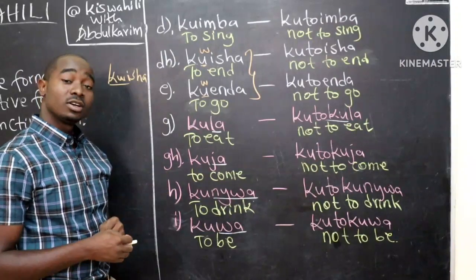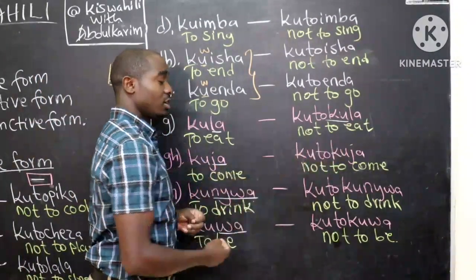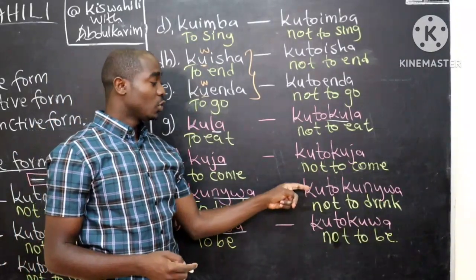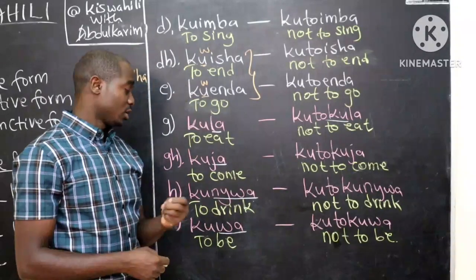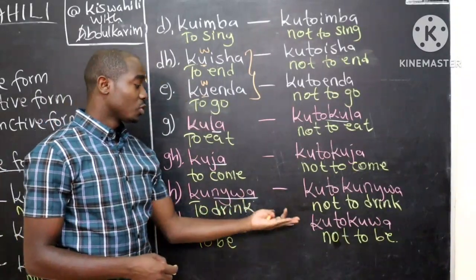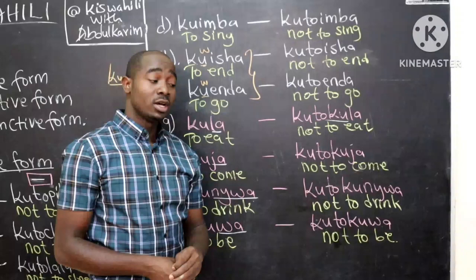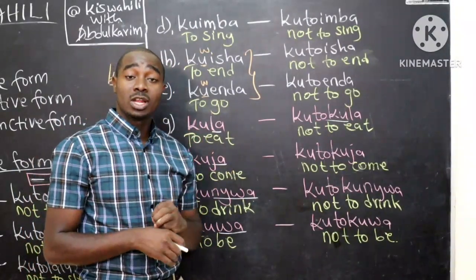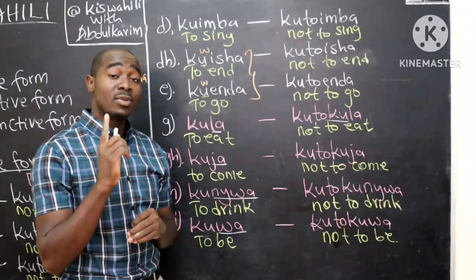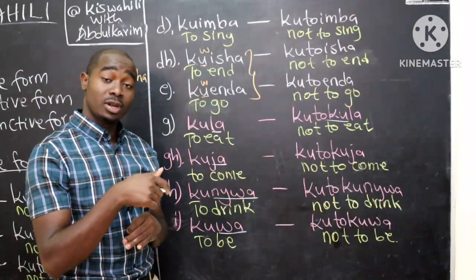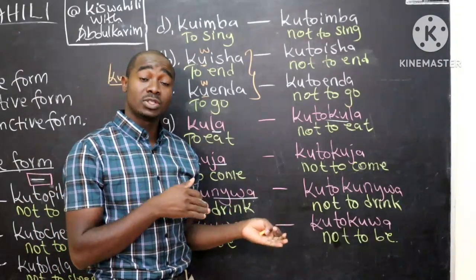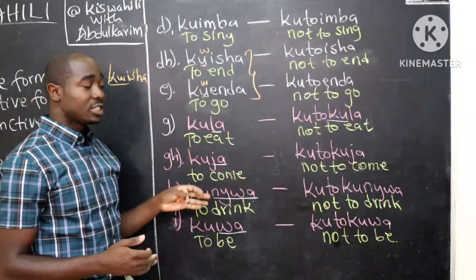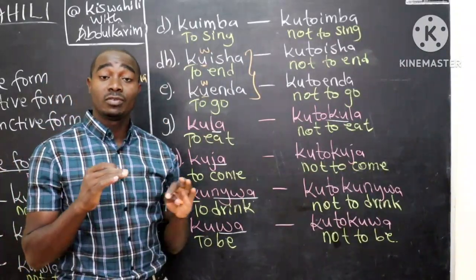Kuja, kutokuja. Kunywa, kutokunywa. Kuwa, kutokuwa. Sawa? There are about nine monosyllabic verbs, and I made a lesson about monosyllabic verbs. I'll leave the link in the description section. You can watch and learn more. So these are some of the verbs in the infinitive form.